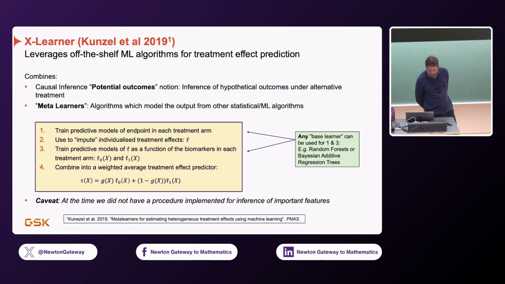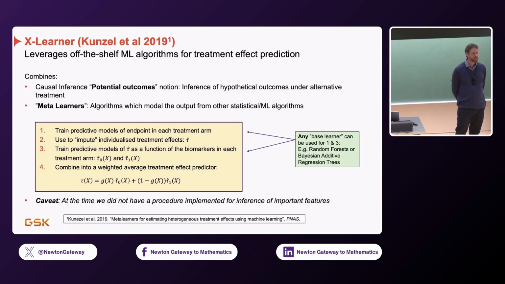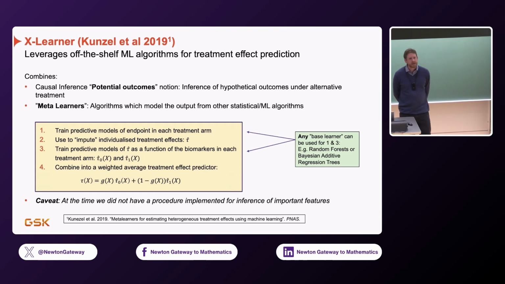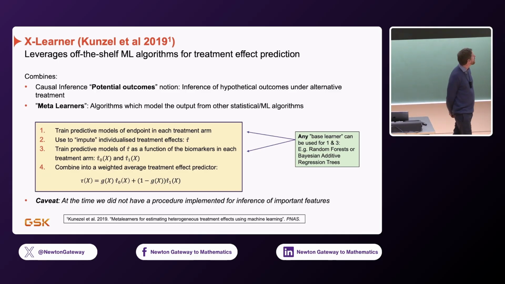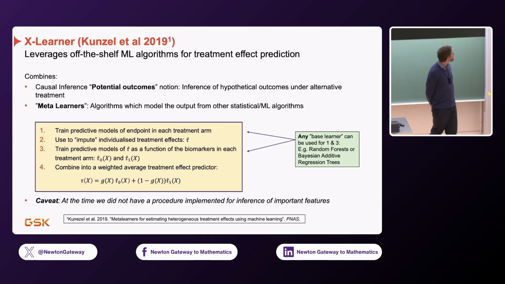So the third method, which as I say you could think of as just a generic representative of meta-learners. These techniques combine the notion of potential outcomes from causal inference with machine learning methods for estimation of treatment effects. What do I mean by that?